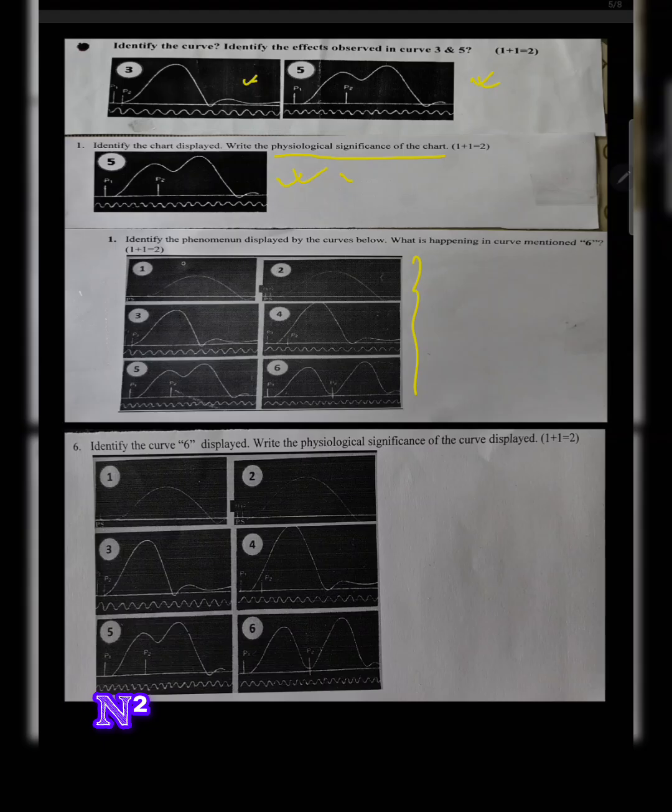They might mark it with 1 to 6 curves, give you a random curve number, and ask you to identify what is happening in 6, or identify the 6 curve or 4 curve, whatever curve, and write the physiological significance of the curve.